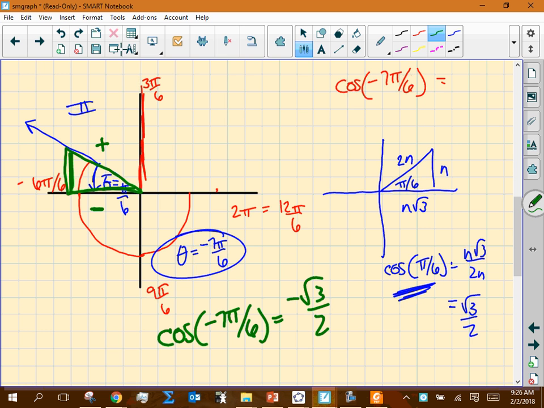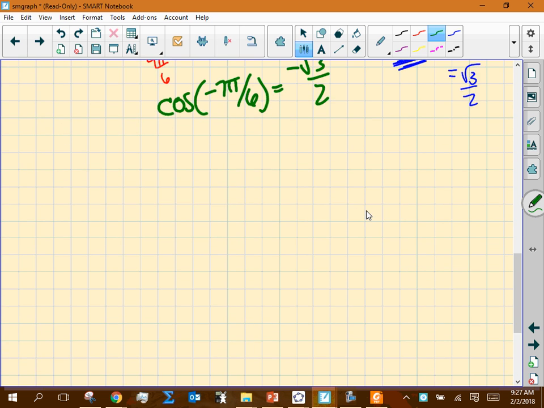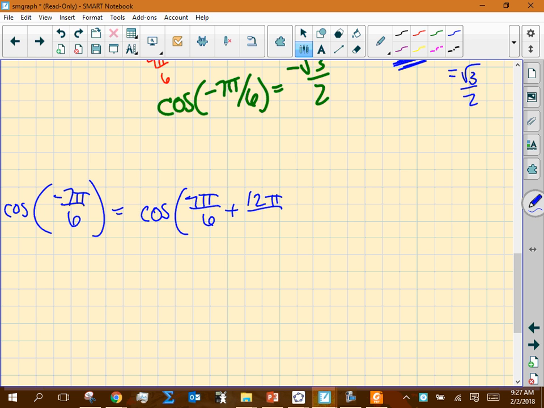So let's say that I've got this negative 7 pi over 6, and I want to deal with it. They're asking the cosine of it, but I don't like that. I really hate negative angles, so let's do this. Negative 7 pi over 6 plus 2 pi. Would that give me cosine of 5 pi over 6?